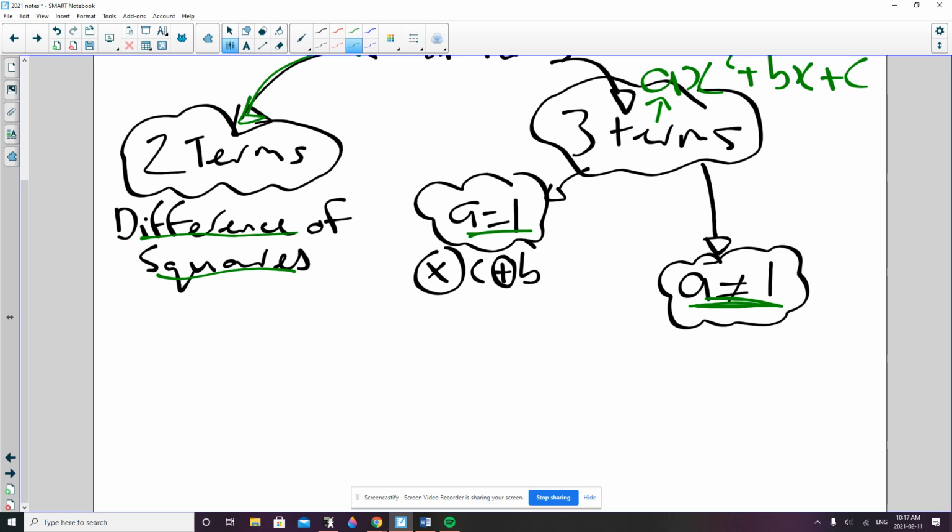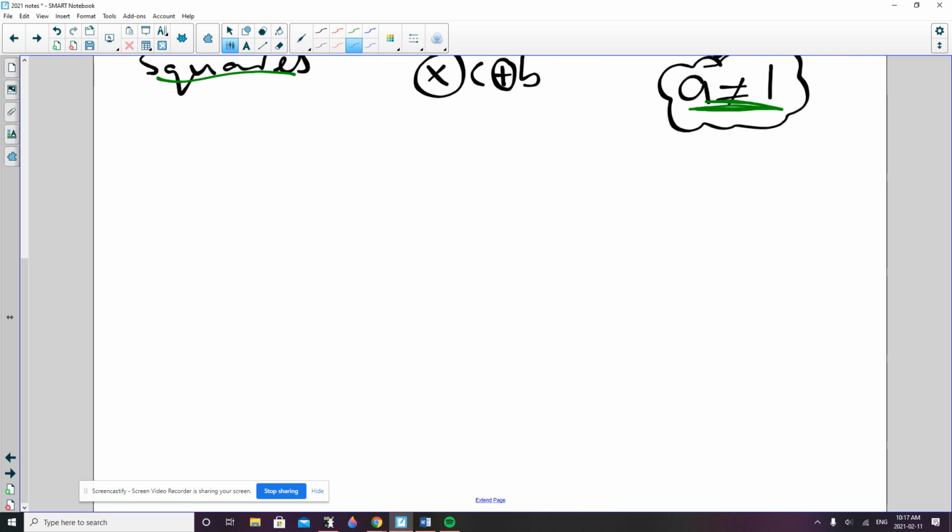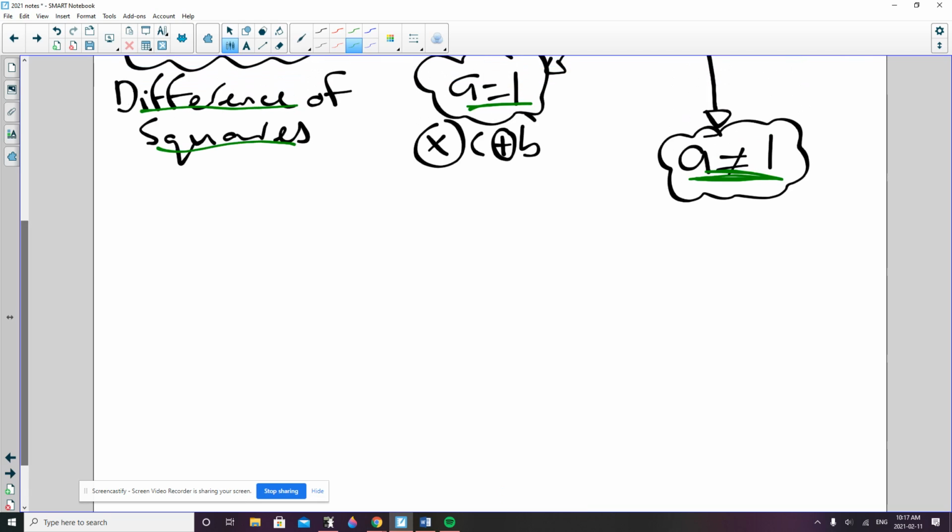So the last part we need to talk about for factoring is factoring when a does not equal 1. So having a trinomial, for example, 8x squared minus 6x minus 5. If I look at this trinomial, I cannot remove a greatest common factor.